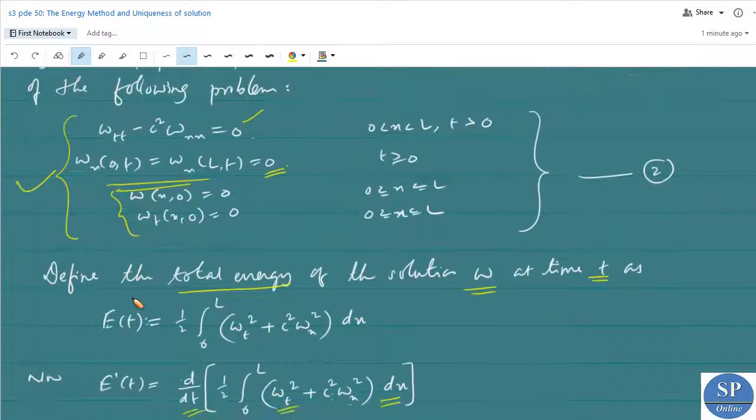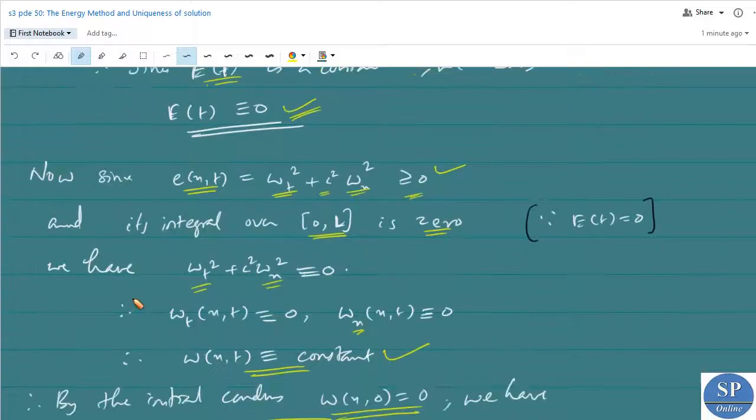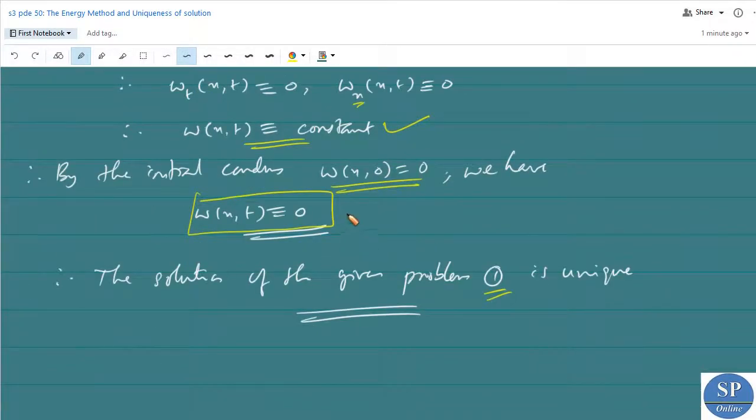Here we obtained that the solution w of problem 2 is identically 0. That means the solution of the given problem 1 is unique. So here we used the energy method to prove the uniqueness of the given problem.